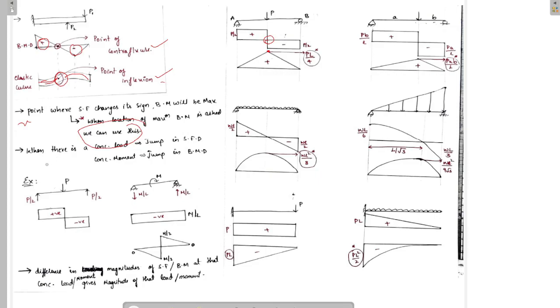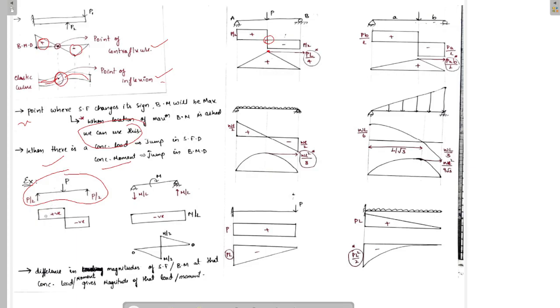Now, the next point is where there is a concentrated load, there is a jump in the shear force diagram, and where there is a concentrated moment, there will be a jump in the bending moment diagram. Let us consider this beam. In this case, there is a reaction force P by 2, a concentrated load P, and reaction force P by 2.